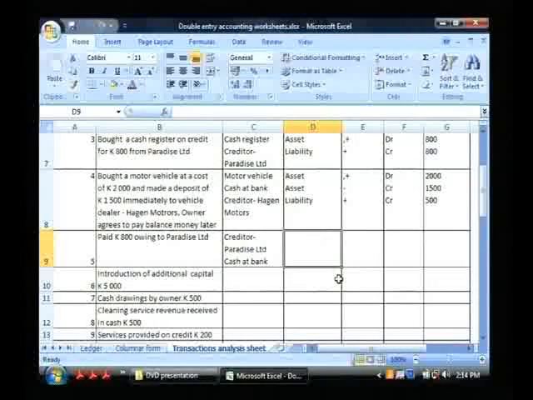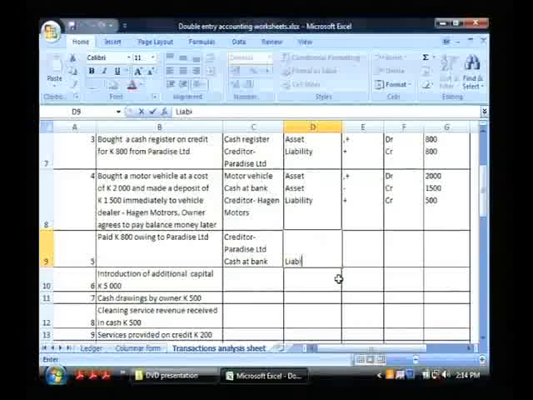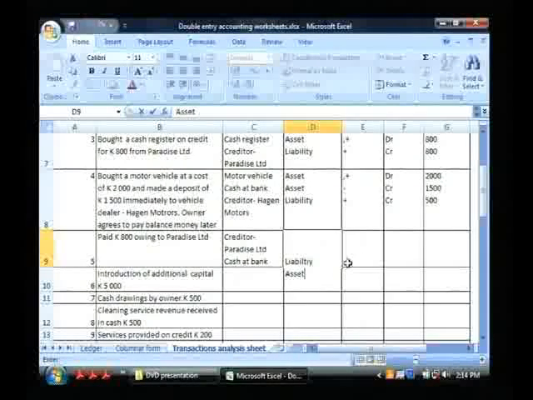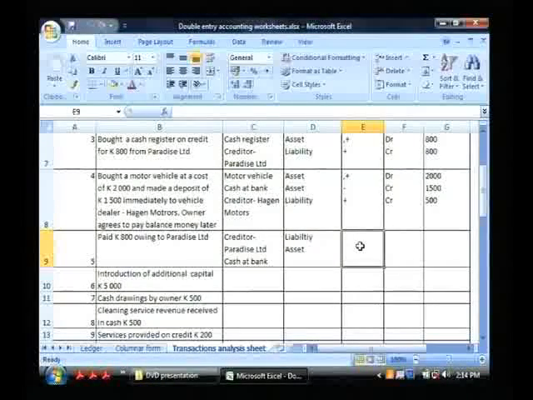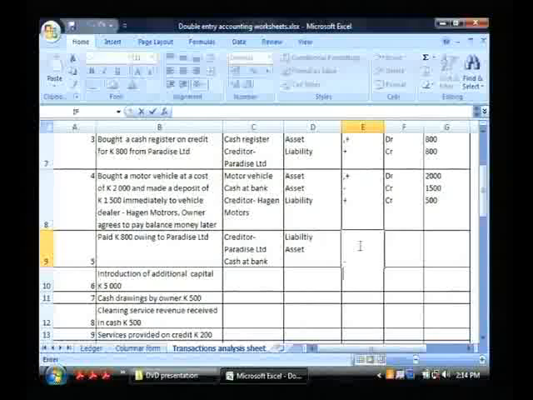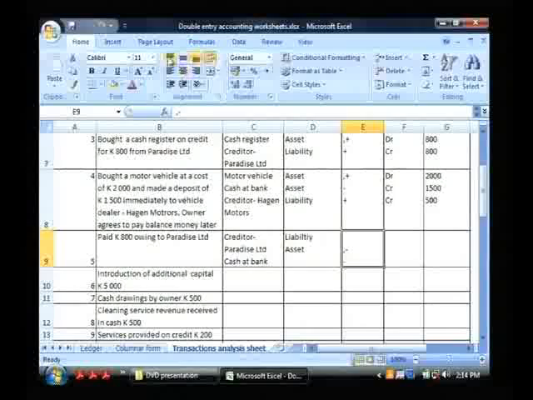Creditor Paradise Limited, it is a liability, and here cash at bank is an asset. Now the changes: liability decrease and asset also decrease. In this case, both decreased, so minus sign against liability and minus sign against asset.